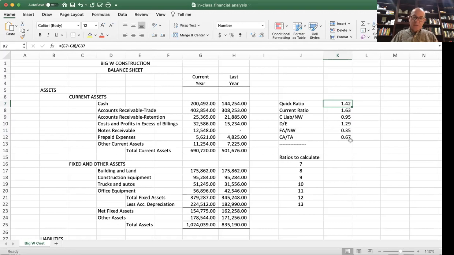Some of these ratios, I don't know about all of them, 11, 12, 13? Yeah, maybe all of them, actually, relate to both. They're going to pull numbers off the balance sheet and the income statement for the same ratio, the same measure.